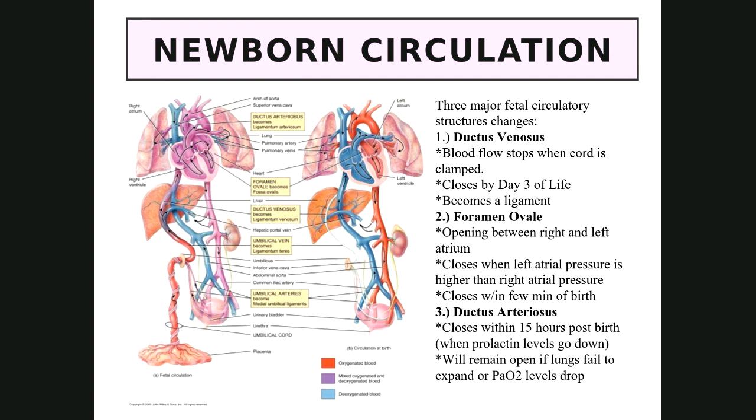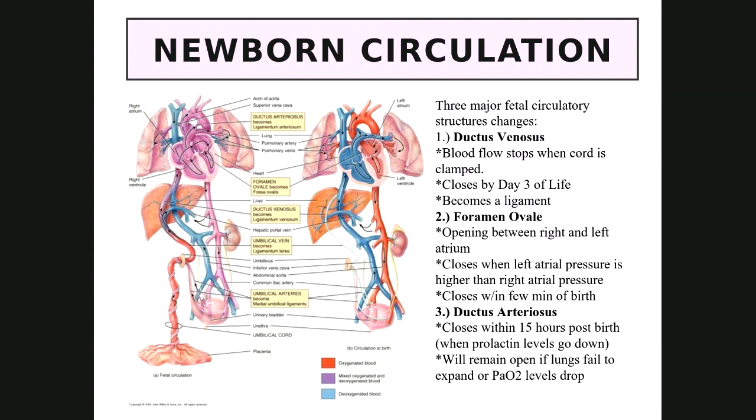It closes when the left atrial pressure is higher than the right atrial pressure. This closes within the first few minutes of birth, okay? Like with that first breath, the pulmonary, the arterial pressure is high, it switches, okay? The pulmonary pressure decreases with that first breath, and the foramen ovale closes.